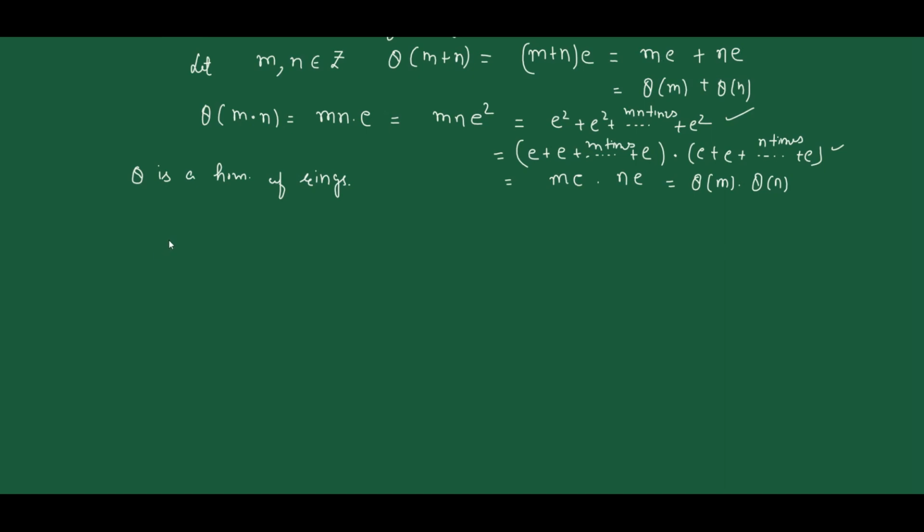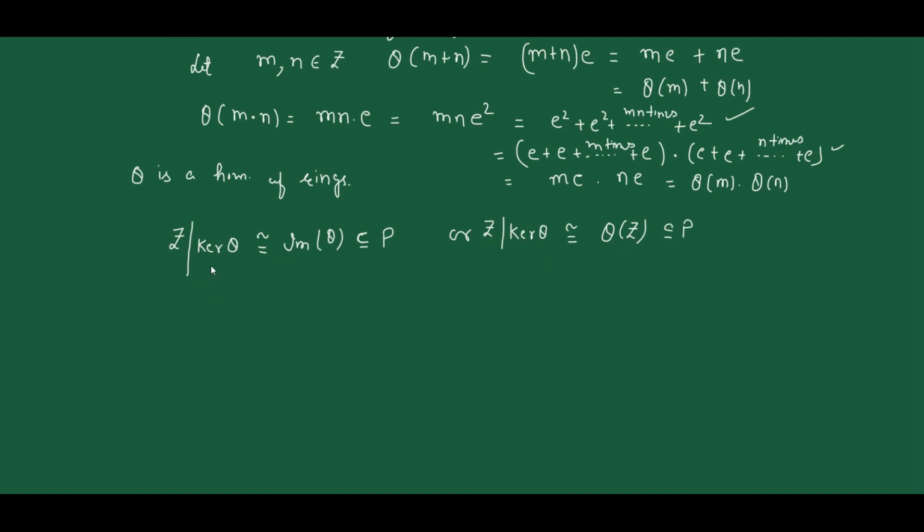By the fundamental theorem of homomorphism, since the map is from Z to P, Z by kernel theta, this quotient ring, is isomorphic to image of theta, and this image of theta is contained in P. You can write this as theta Z is contained in P, whatever you want.